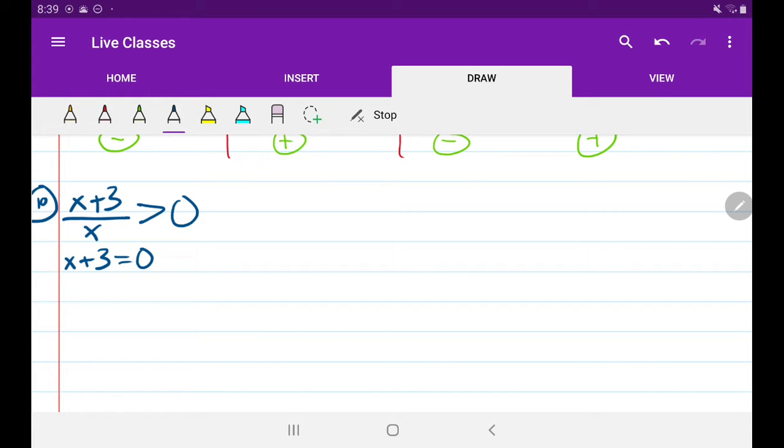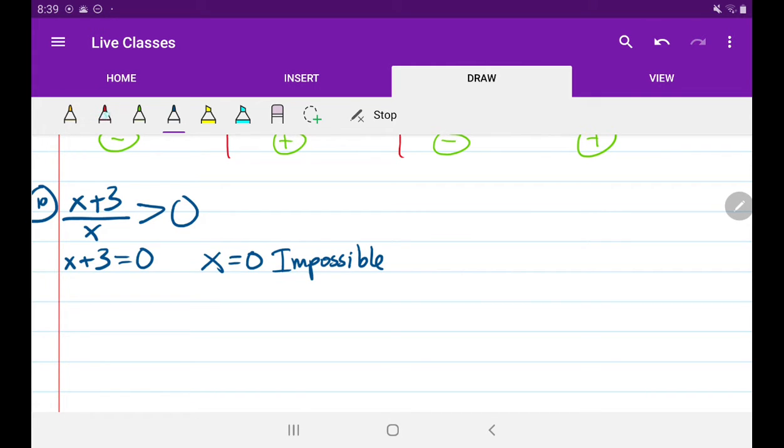Now, if we were to take the denominator and set it equal to 0, well, that's impossible, because if x was 0, then your denominator would be 0, and that would be undefined. So for this particular problem, we don't even really worry about x being equal to 0 or trying to solve that one. But we'll have to deal with that in just a moment.